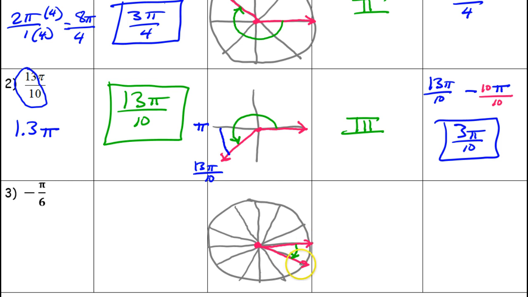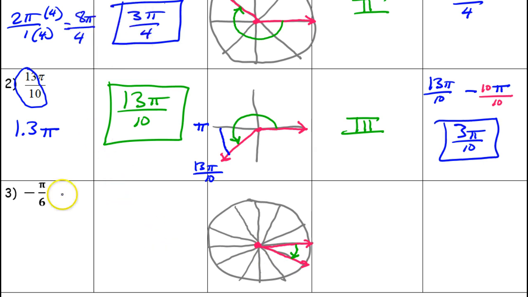So I'm stopping short by 1, so that's going to be 11 pi over 6. Of course, I could sit here and count 1, 2, 3, 4, 5, 6, 7, 8, 9, 10, 11 would also work. So I just wanted you to see sort of the common sense of what I'm doing, that 11 pi over 6 should be the coterminal angle.